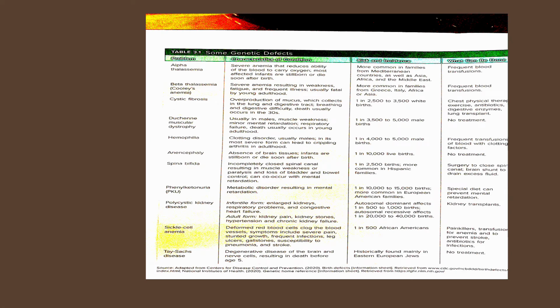I took this from your textbook. It's table 3.1, and it's some of the genetic defects that you may see. It is certainly not an entire list. I would suggest that you take time to read through this.